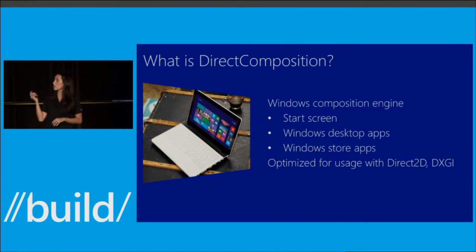Now Direct Composition is the Windows composition engine. It is underpinning the start screen, the Windows desktop applications such as Internet Explorer, and the Windows Store applications, all of the frameworks supporting the Windows Store apps. It is part of the DirectX family, so it is a hardware-accelerated API that works with Direct2D, Direct3D, and DXGI in a highly performant fashion.